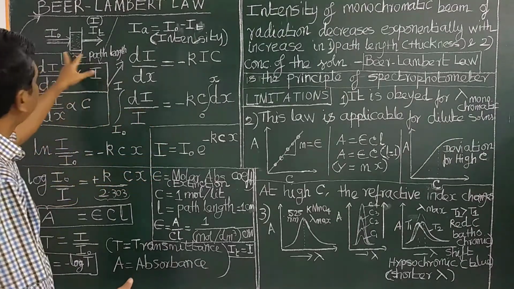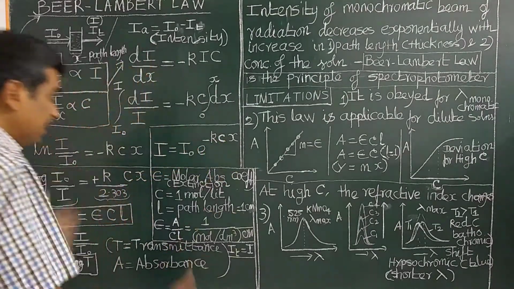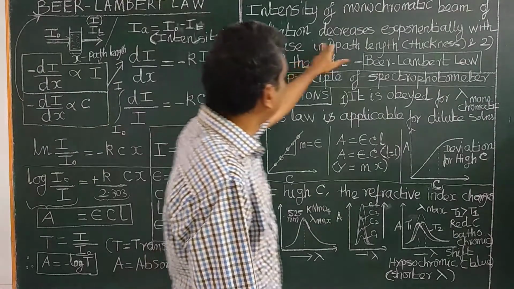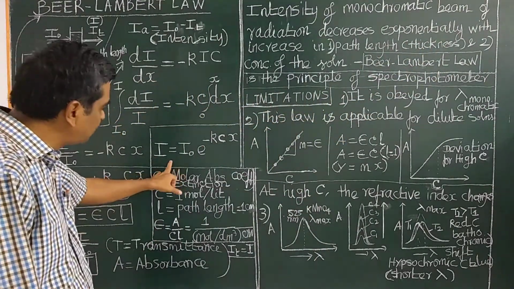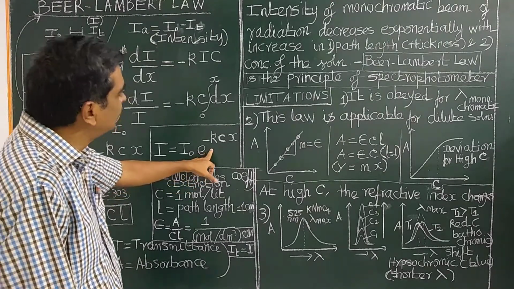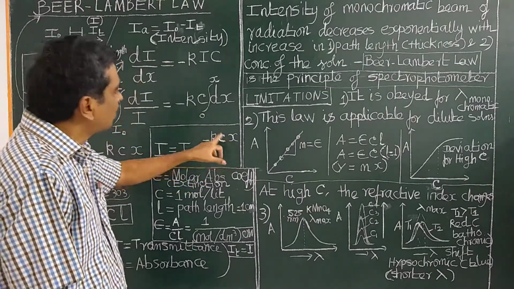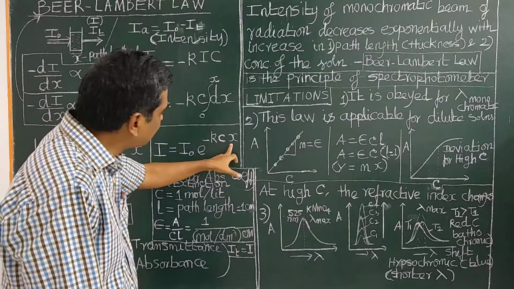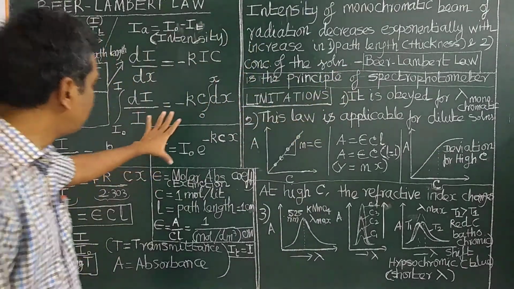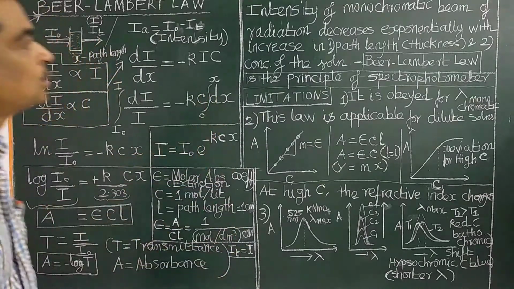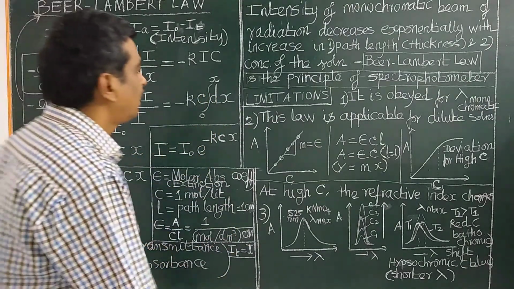If you increase the path length, the intensity decreases. That is the Beer-Lambert law. The intensity of the incident monochromatic beam decreases exponentially with respect to increasing concentration and increasing path length. This is the basis of UV-visible spectroscopy, the spectrophotometer, etc.